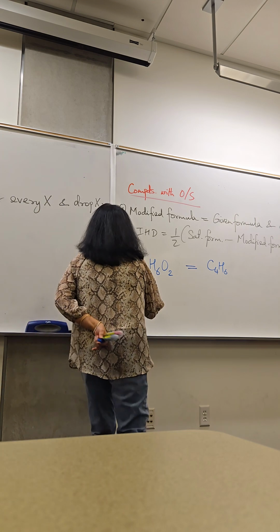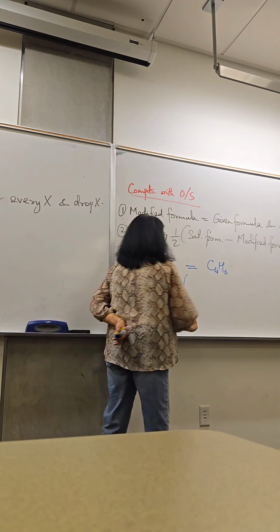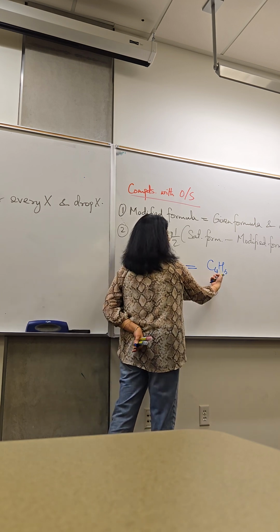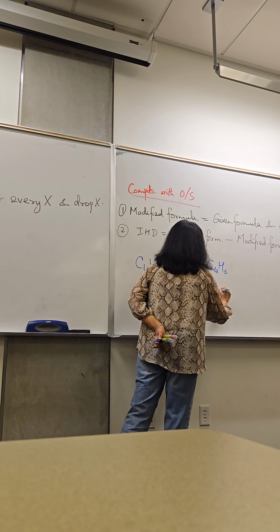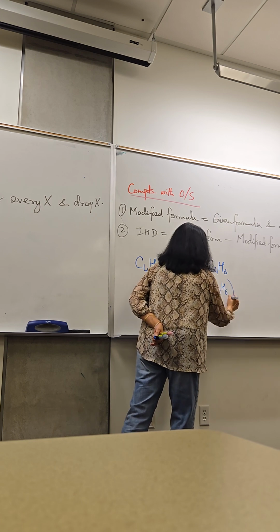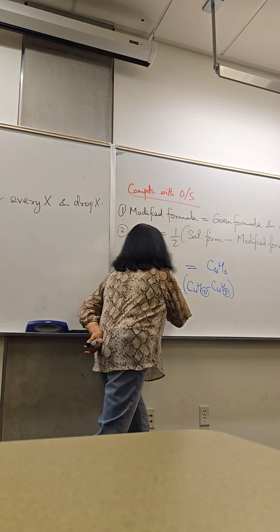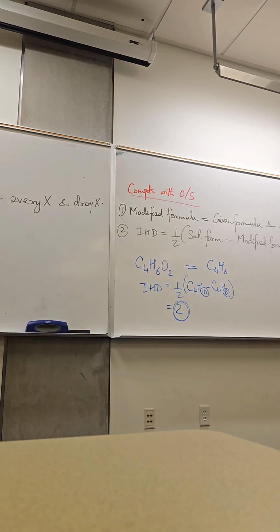And then what is the IHD going to be? Half of, what is the saturated with 4 C's? C4H10, and then minus the modified. So 10 minus 6, divided by 2. That's it. You're done.